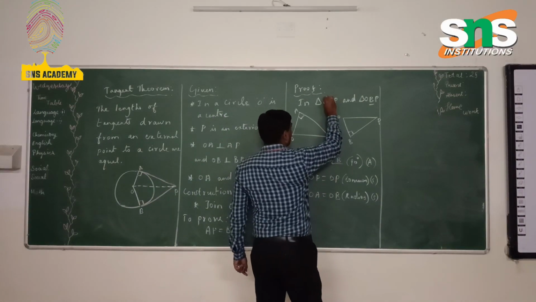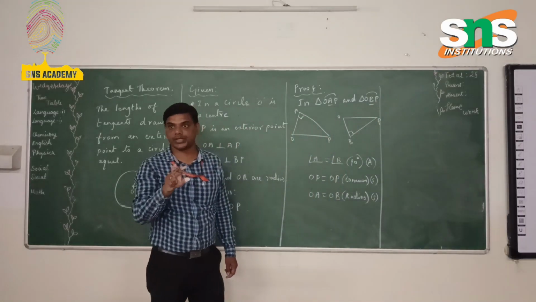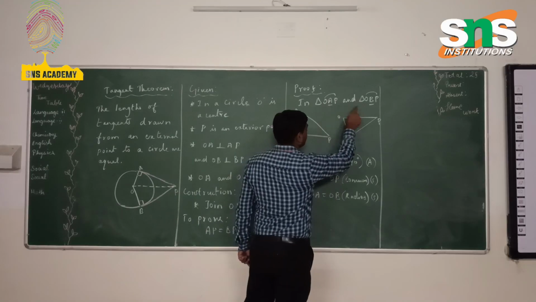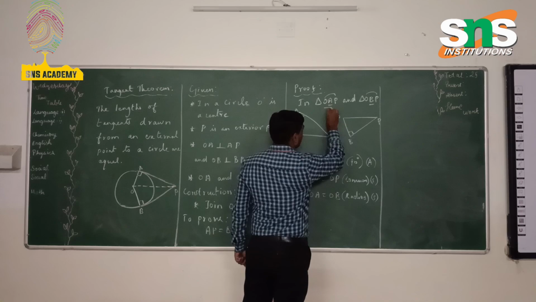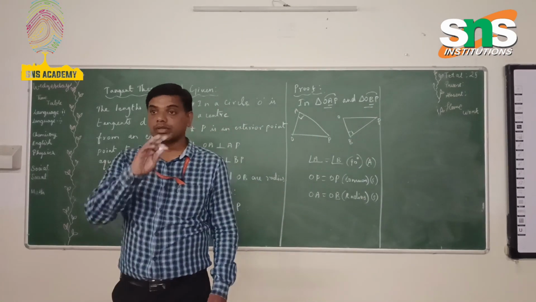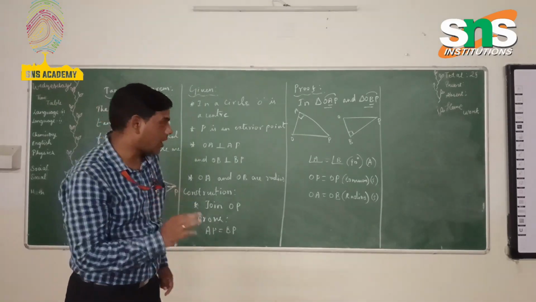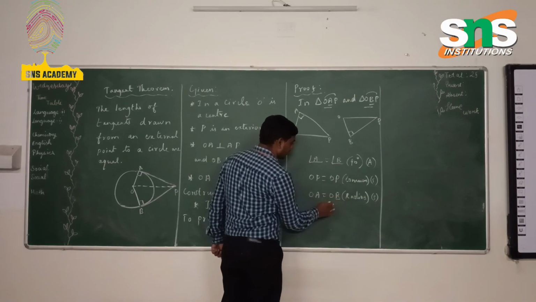OP and OP are in the same position. OA is equal to OB, with OA in the first triangle and OB in the second. This is the way you have to compare sides and angles. Now we have a 90 degree angle, one common side and the radius.